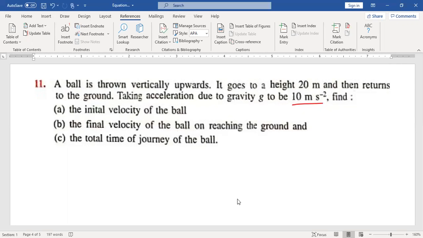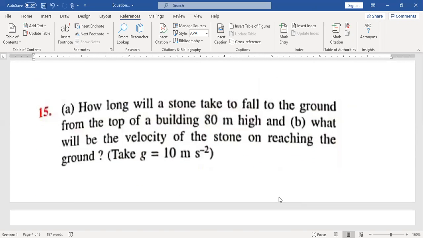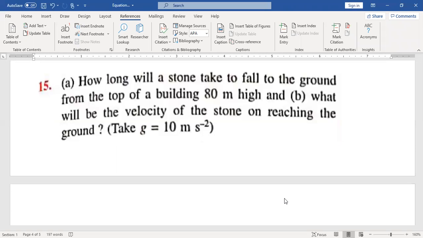So this question you try yourself and you can see its solution in the notes provided to you on 19th October 2020 on page number 2 of the notes. So further, now we'll do question number 15.